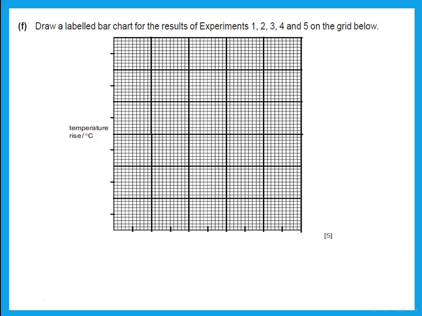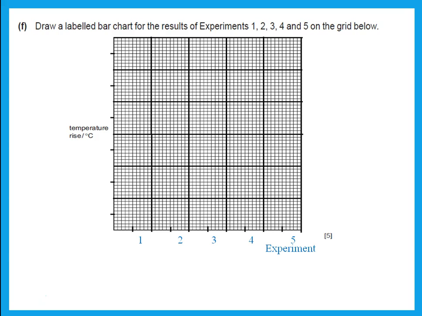Now he's saying we should draw what? We should draw a bar chart. You know how to draw a bar chart, do you? Okay. So first of all, rules for drawing a graph, we should first label the axis. So he already labeled the y-axis, but you should realize that the x-axis will be labeled experiment, because I'm going to put experiment 1, 2, 3, 4, 5.